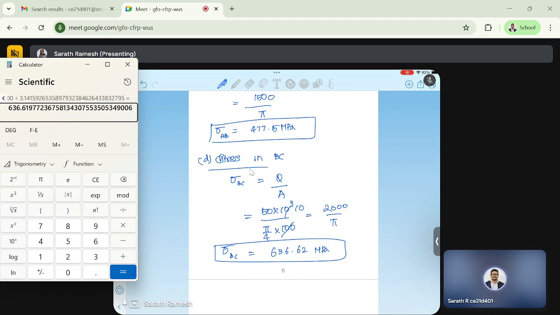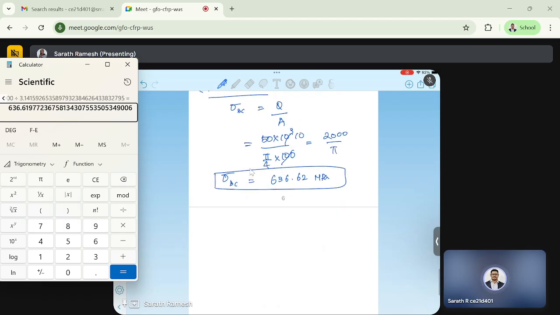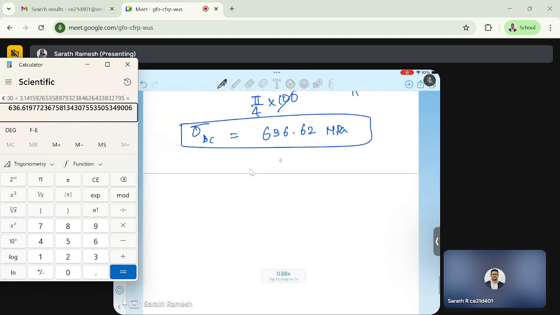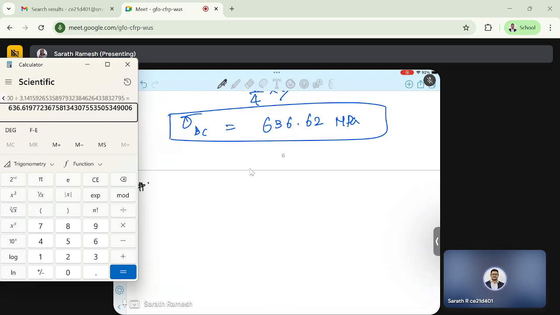Let's move on to the third problem. Same problem, but this time we also have a gap. Problem number three, same shaft.